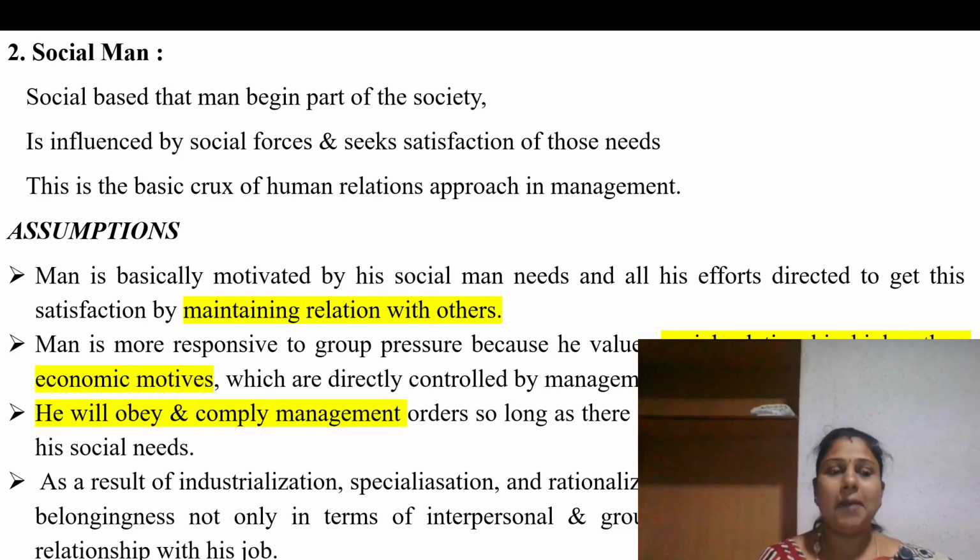Through this social man model, he will obey and comply with management orders. He will be happy to fulfill his social needs. Due to industrialization, specialization, and rationalization of work, belongingness is not only in terms of interpersonal and group relationships, but also the man's relationship with his job.